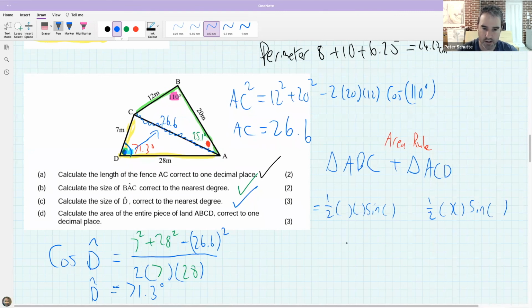So what do we have? And then for that one, it would be 7/28.